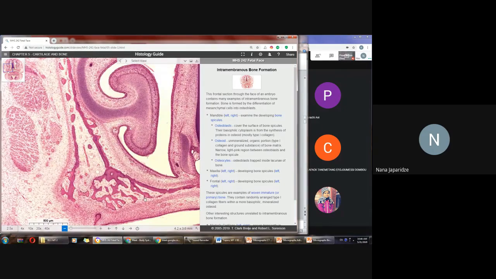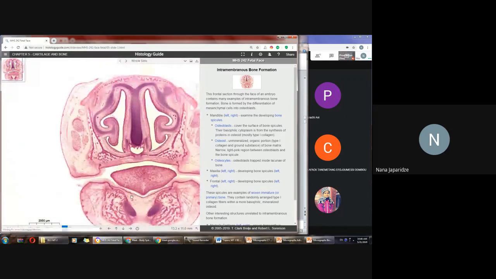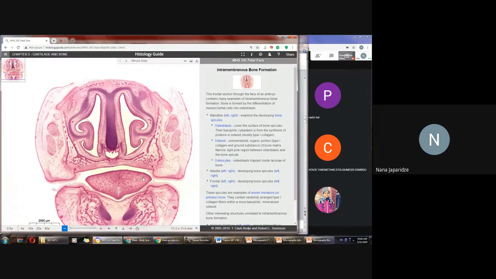Mandible and maxilla. Look, both of them are clearly visible here. Bone spicules, cartilage, which later undergoes ossification and gives rise to the bone tissue.